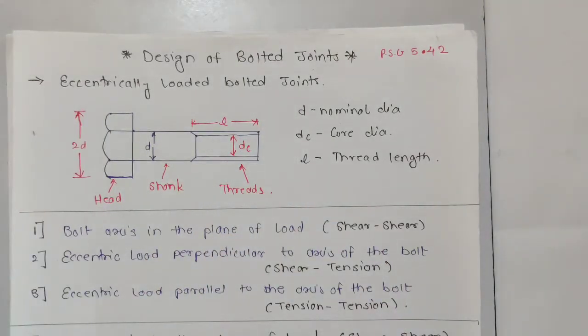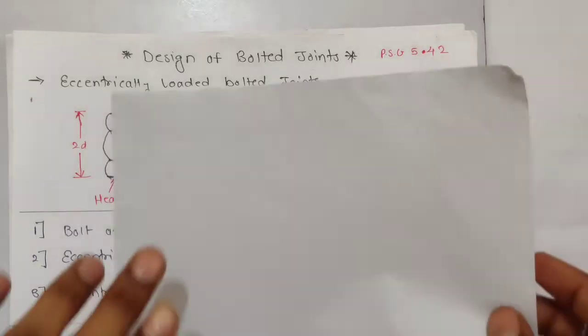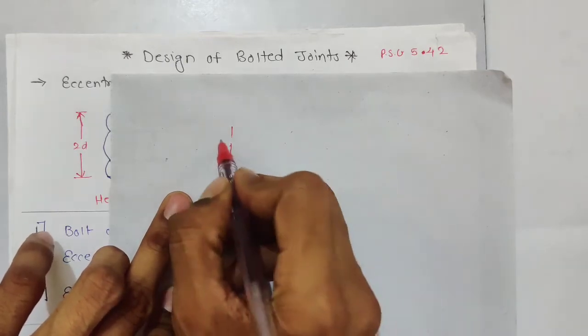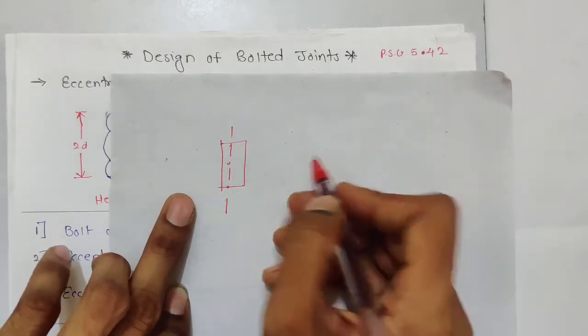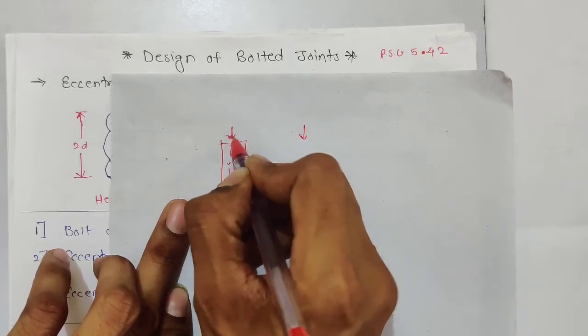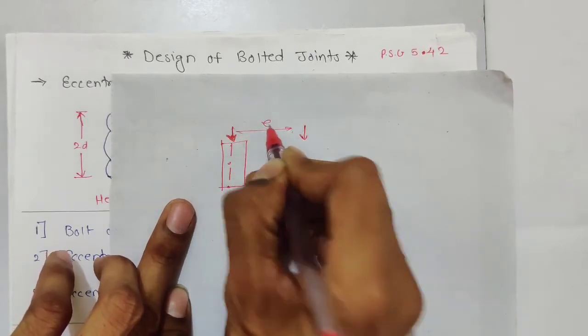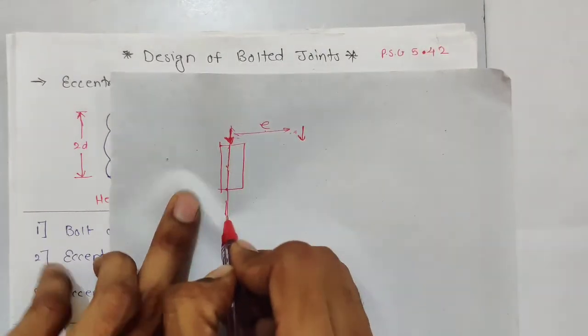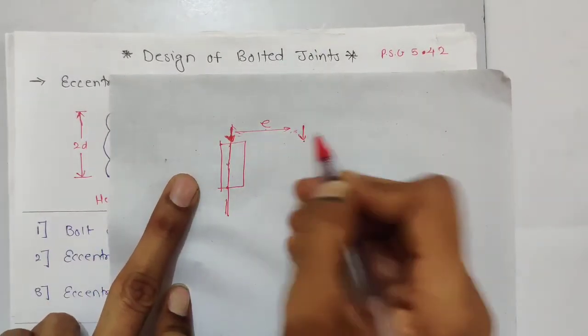So what is eccentrically loaded? Let's guess this is the axis of something, say the bolt axis, and the load is somewhere else. It is not on the axis, so we call it an eccentric load. There is eccentricity present between the axis of the part and the load.